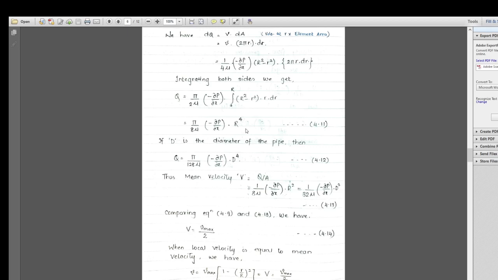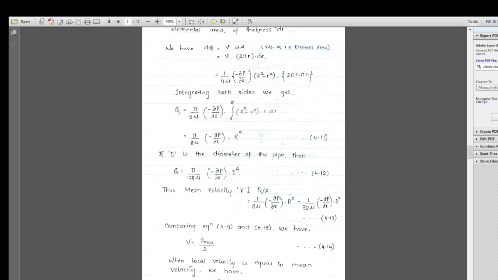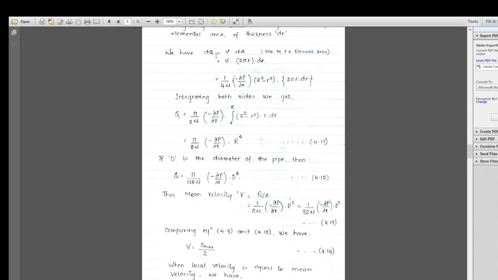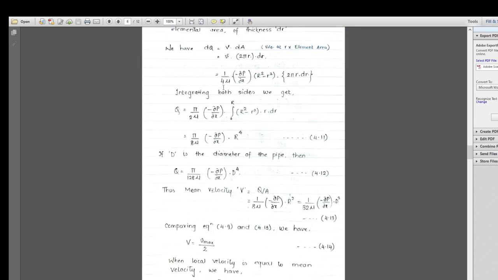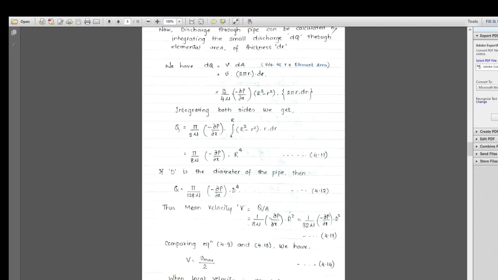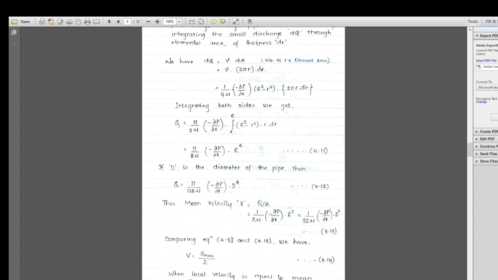So if we compare the mean velocity V with the maximum velocity V max, comparing the equations 4.9 and 4.13, we will get the average velocity, that is mean velocity, is equal to V max upon 2.